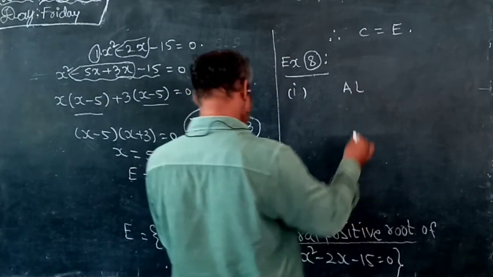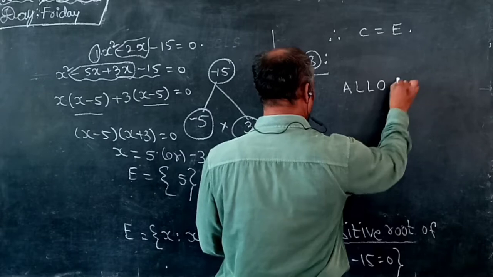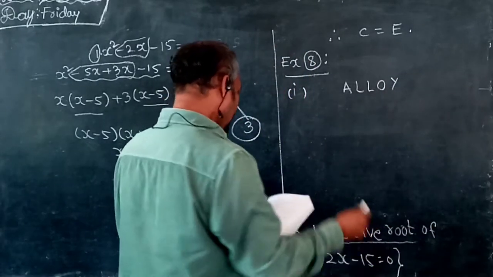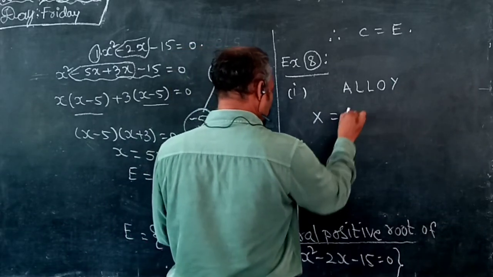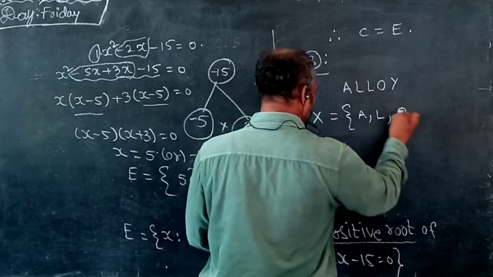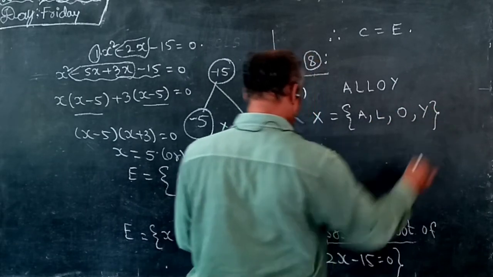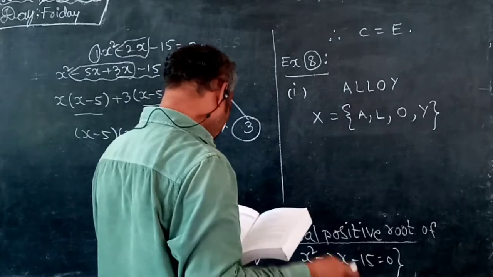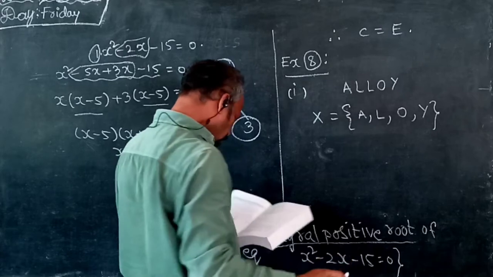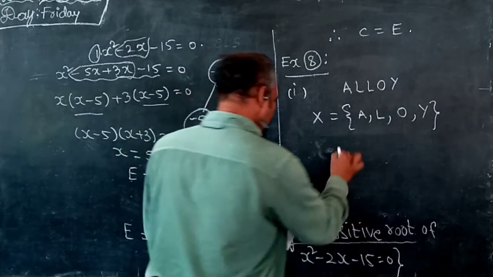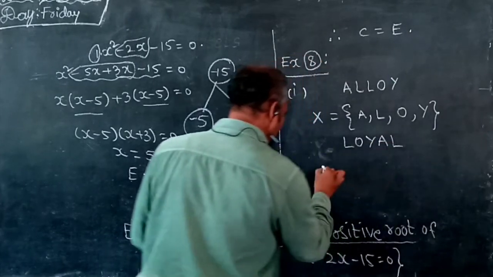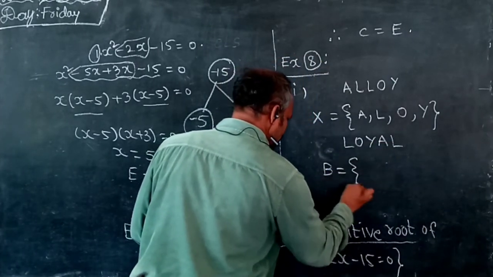Alloy, A-L-L-O-Y. So the set X is A, L, O, Y. Next we will write the set B. What is the word given? Loyal.